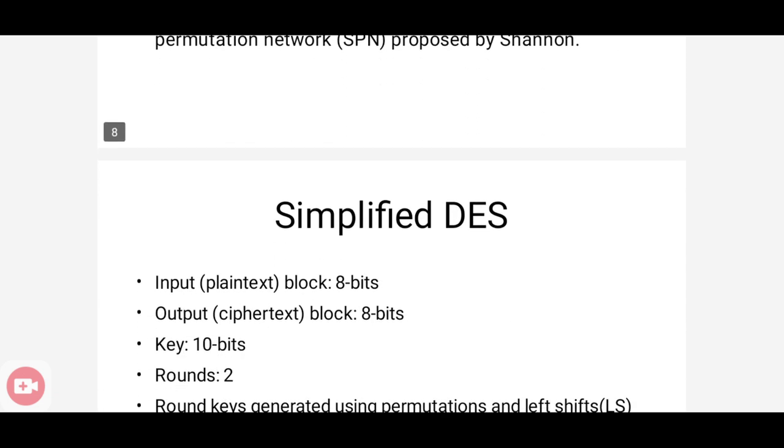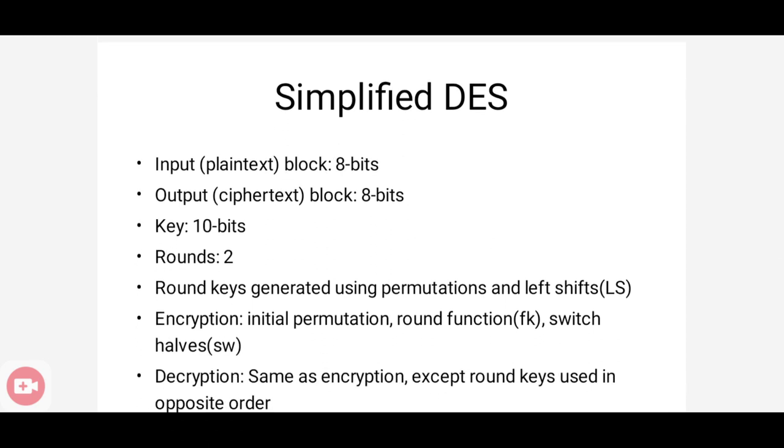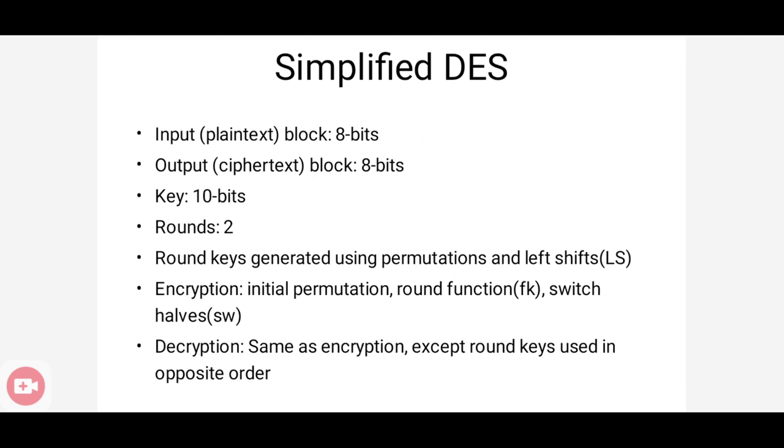So based on this Feistel structure, we can implement a simplified DES. What is DES? Data Encryption Standard. Its simplified version is the simplified DES algorithm. In the case of simplified DES, the input plain text size is 8 bits and the output ciphertext block is 8 bits, but we use a 10-bit key.